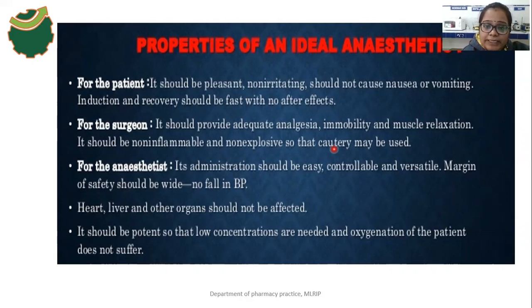What is the purpose of burning here? To stop the flow of blood. That is known as cautery. From the surgeon point of view, the anesthetic must be non-inflammable and non-explosive, so that the surgeon can use the cautery.